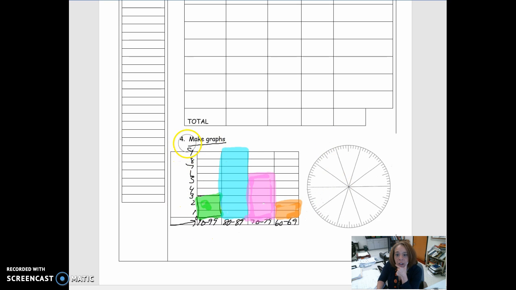Now, I said we're not going to do the circle graph today, but if you did want a hint on how you would complete that, what you would do is you would have to use your percents for your circle graph. Okay? So the whole thing is 100%. Half of it is 50%.